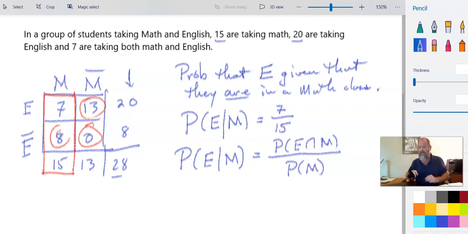We want the probability of that event, right? So this ends up being kind of a nice formula.